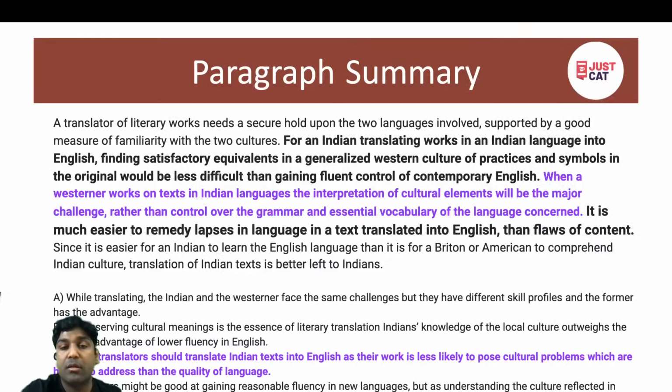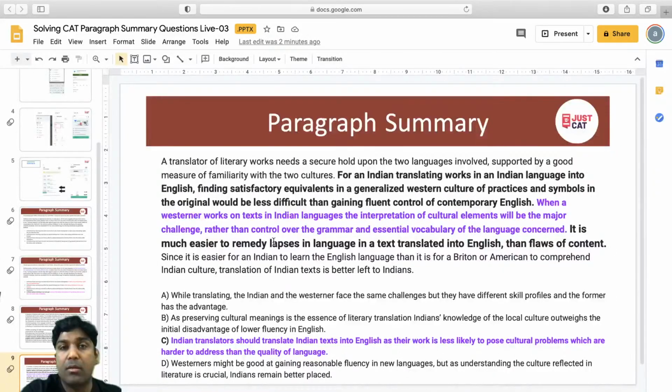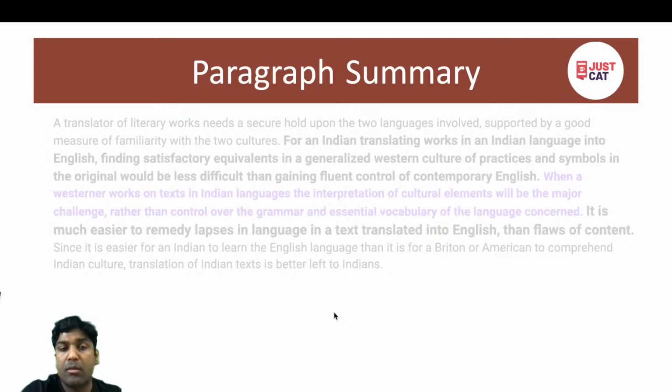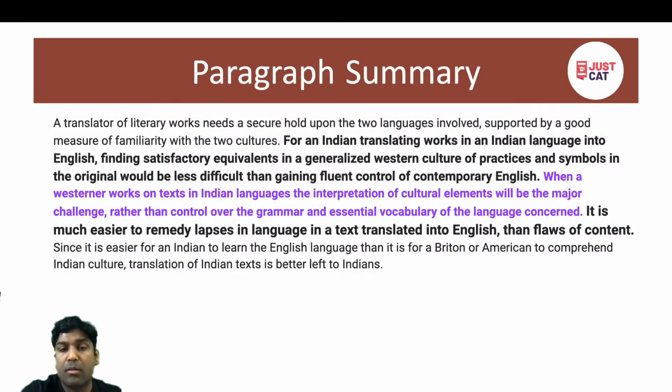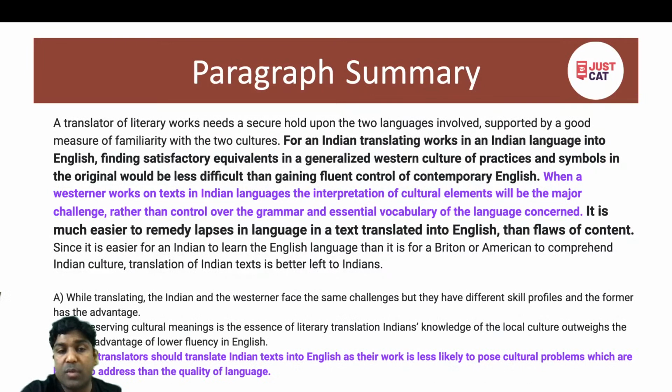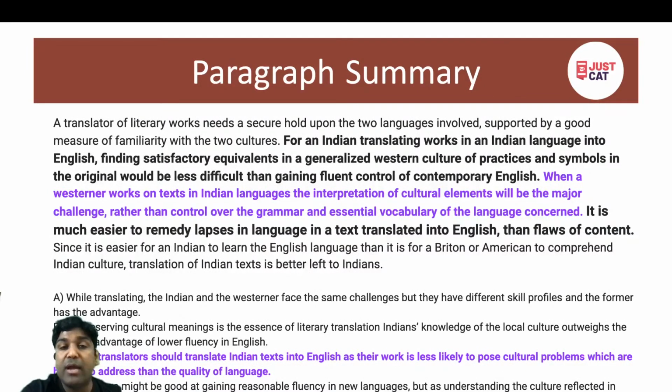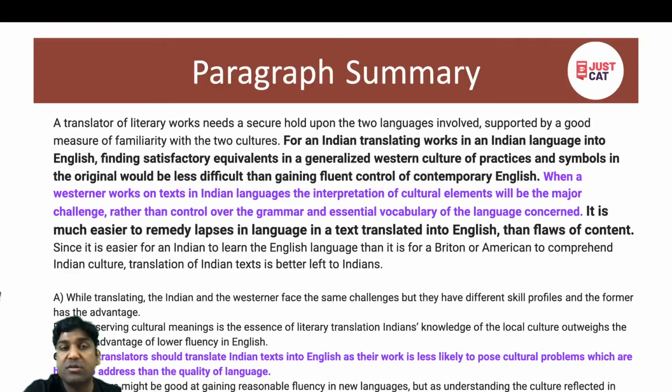Then comes D. The Westerners might be good at... I'm so sorry, read option D: Westerners might be good at gaining reasonable fluency in new languages, but as understanding the culture reflected in literature is crucial, Indians remain better placed.